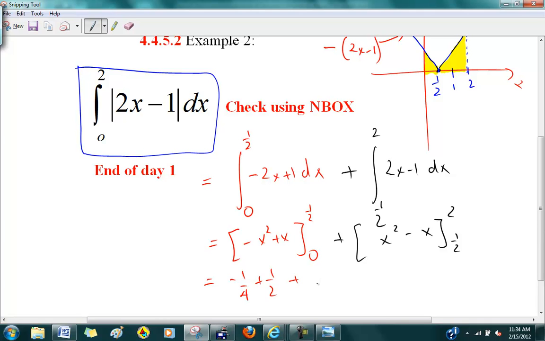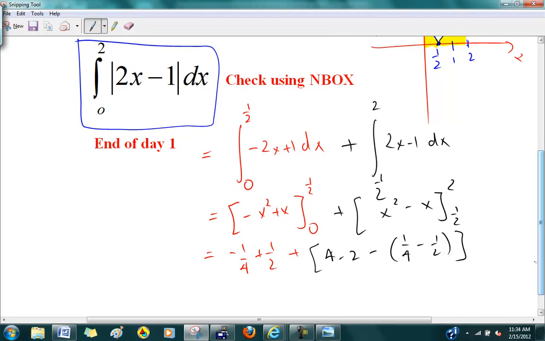So if I go in and do my substitution in here, I get a 4 minus 2 minus, now put a half in there, I get 1/4 minus 1/2. And then I just do the math in here. So if I take a look at this, this minus 1/4 here, this minus 1/4 here, and this minus 1/4 here gives me a negative 1/2.